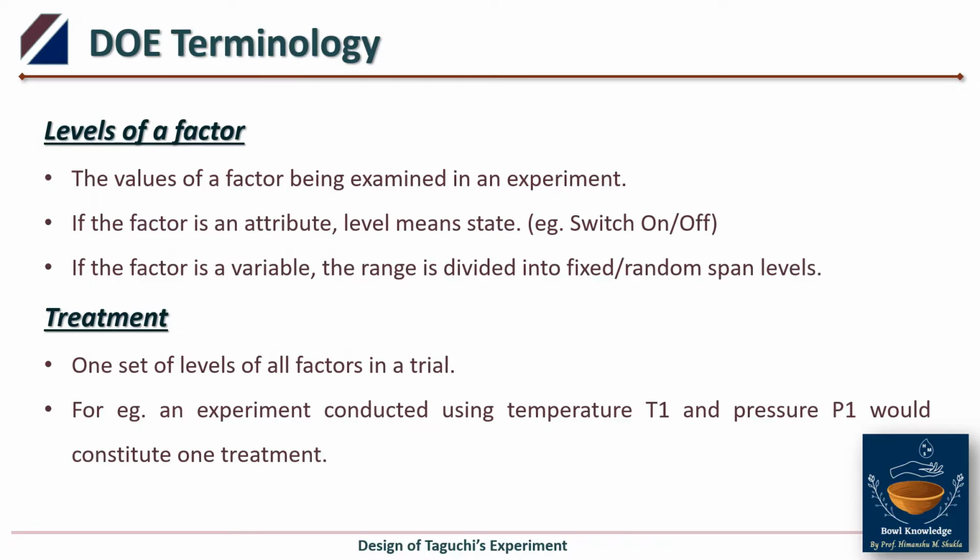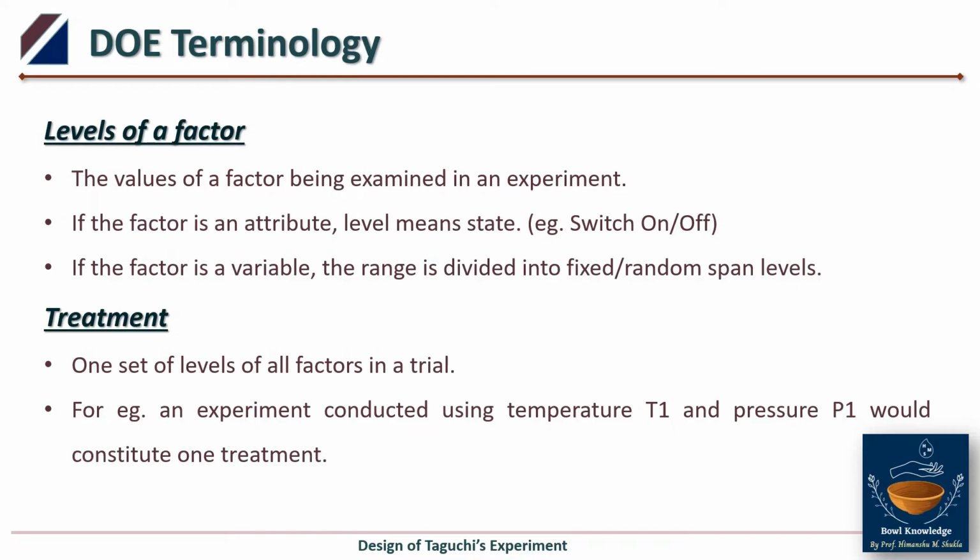First we find the envelope, then divide that envelope into the number of levels required. So any value which is computed, or a variable, we divide that range into a number of spans, and if we divide the complete range into 3, then we can represent the level of the factor as low, medium, high.